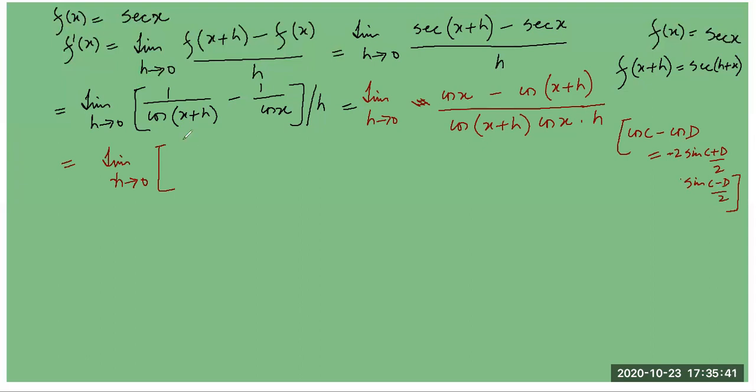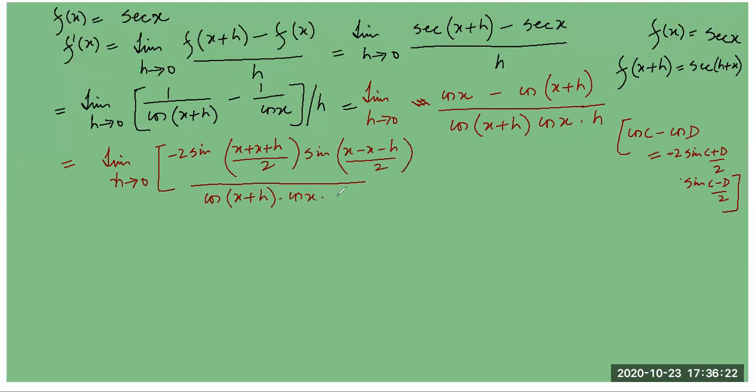Using this formula, what is my c? C is x, and what is my d? D is x plus h. So I get minus 2 sine of (x plus h) divided by 2, into sine of (x minus h) divided by 2, divided by cos of x plus h into cos x into h.